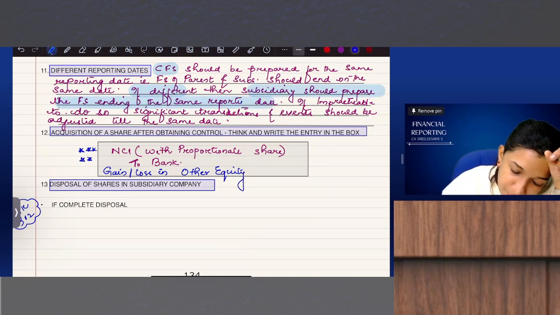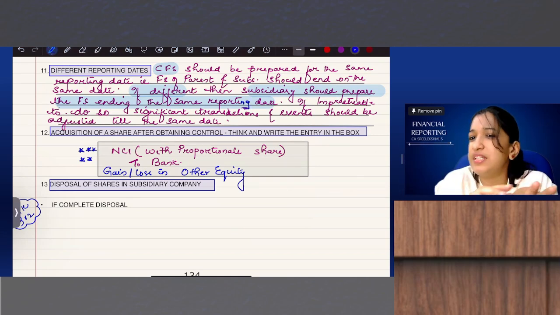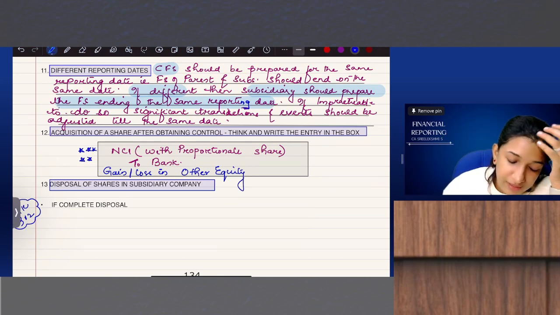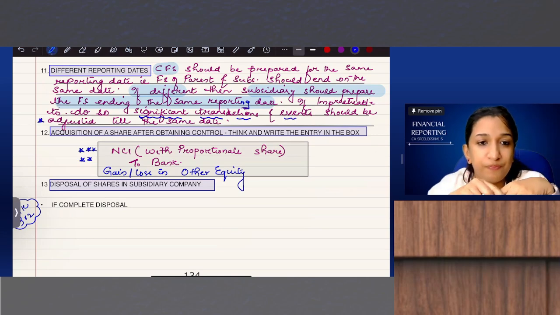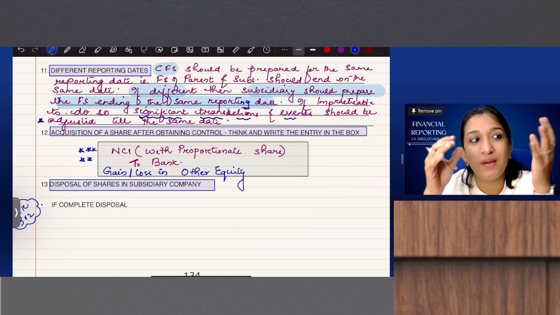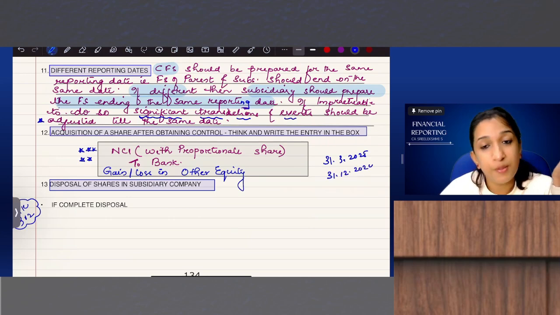If it is impracticable for the subsidiary to do so, then significant transactions and events should be adjusted till the same date. You should then prepare consolidated financial statements for the year ending 31st March 2025 for the parent and 31st December 2024 for the subsidiary.